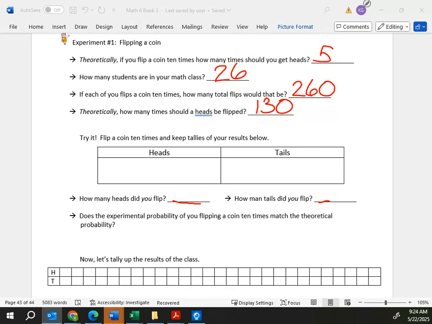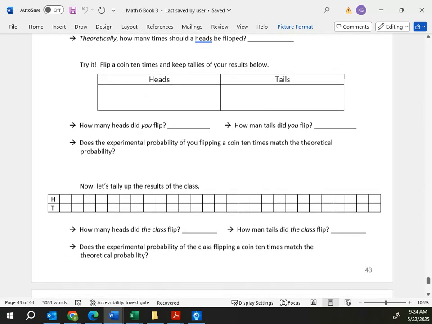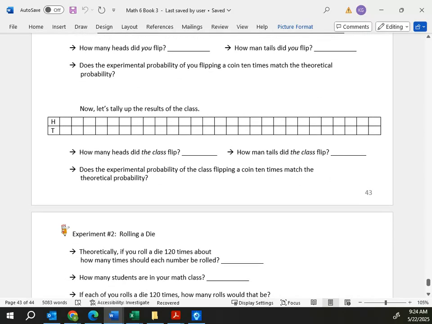All right. So we should have it recorded how many heads and how many tails. I am going to scroll up, but we need to remember that theoretically we were supposed to get 5 heads, 5 tails.